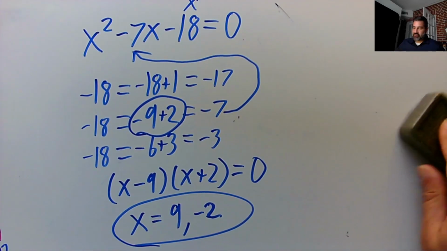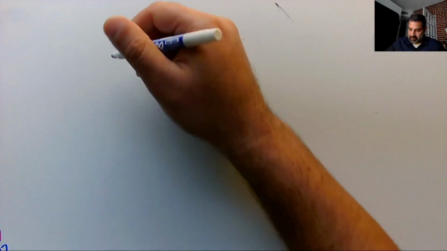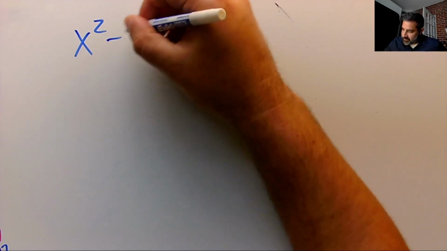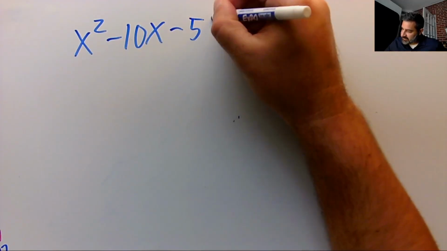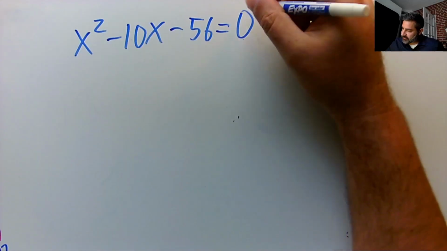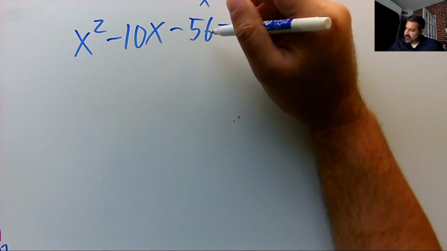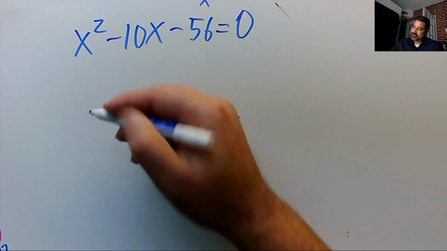All right, let's do one more. x squared minus 10x minus 56 equals 0. So we need to multiply to negative 56, and one number has got to be negative, one's got to be positive, and the bigger number has got to be negative.